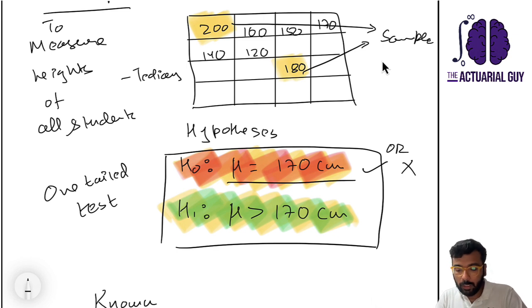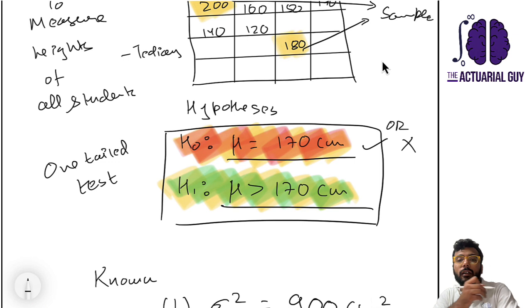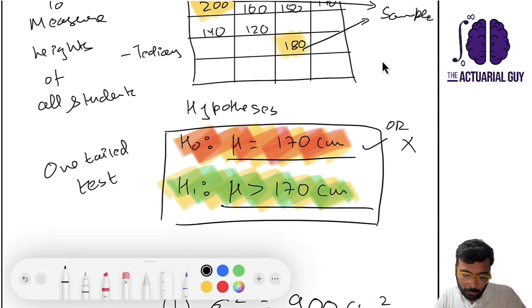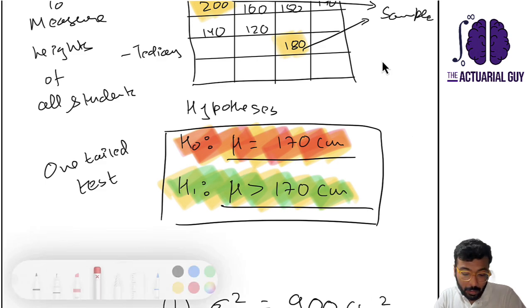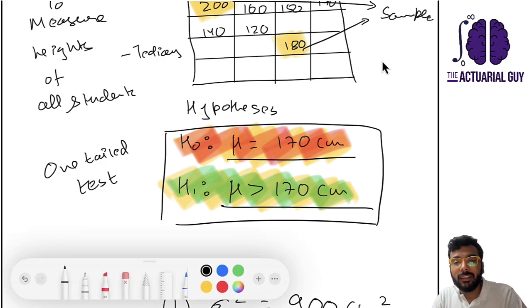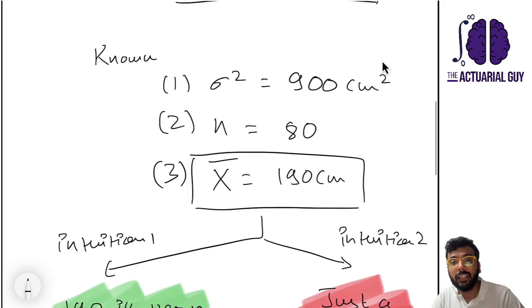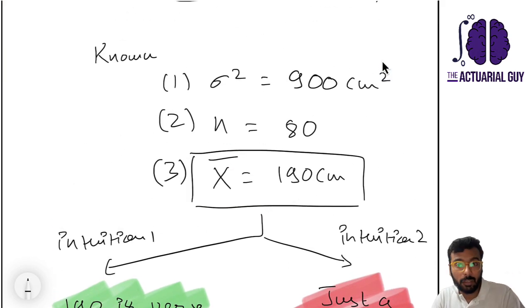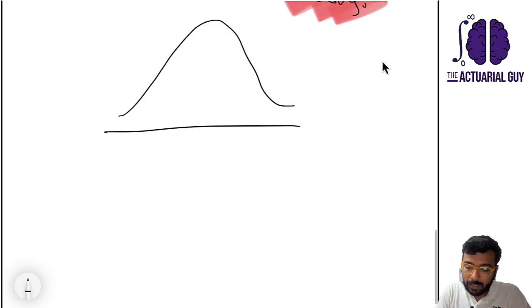Or what is the probability that, with a population where this null hypothesis is considered to be true, where the average height is 170, you get a sample where the average height is 190 or more, right? What is the probability of getting such an outlier sample that you picked everyone from here?